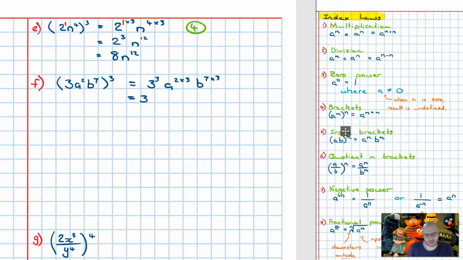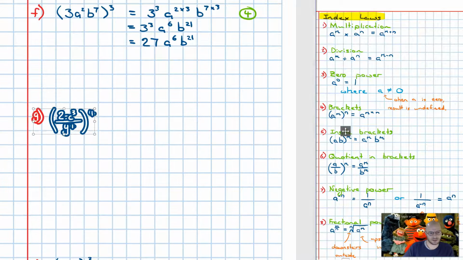Evaluating this, we have 3 to the 3 for now. Then we're going to have a to the power of 6, b to the power of 21. And if we want to evaluate the constant, we're going to go 3 times 3 times 3. That's going to be 27. 27 a6 b21. Again, done using index law 4.